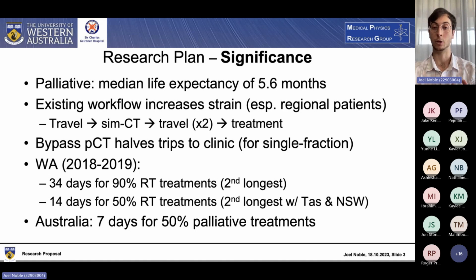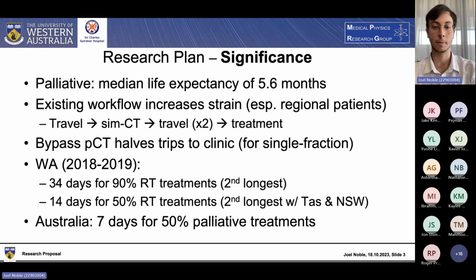So the time from initial RO consultation through to the initiation of treatment, that was 34 days for 90% of radiation therapy treatment. So that's across all treatment intentions. And again, in the metric of 14 days for 50% of all radiation therapy treatments. So that saw us tied for second longest with Tasmania and New South Wales.